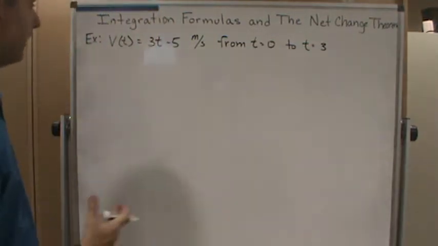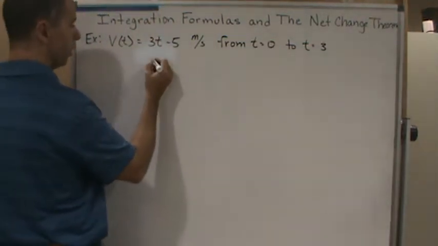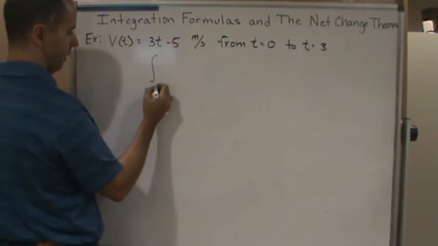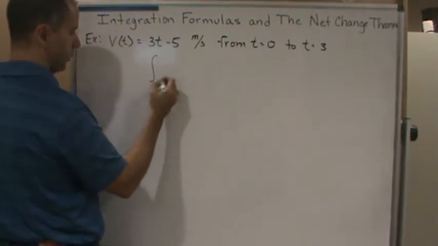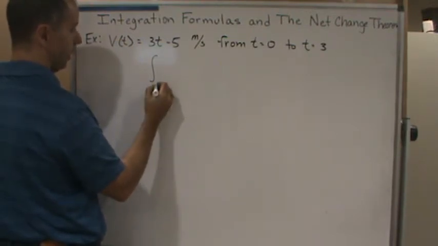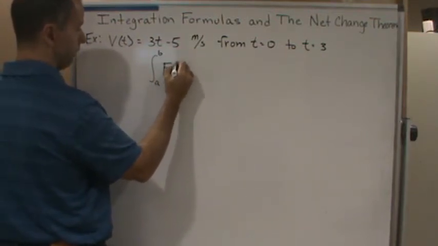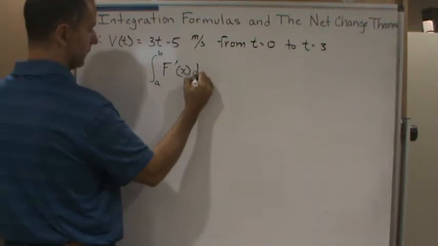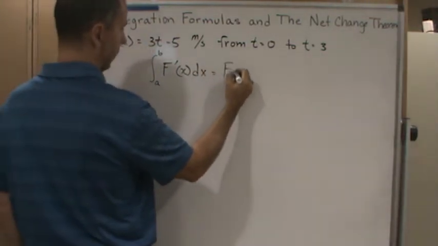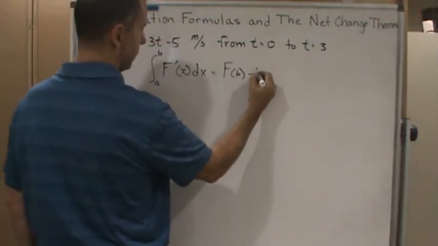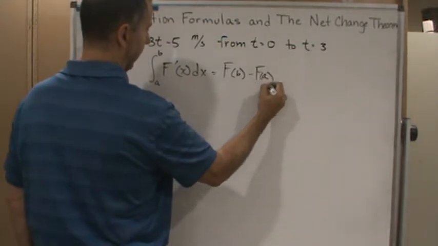Since they want the net change, we're going to use this equation: the integral from a to b of f prime of x dx is equal to f of b minus f of a.